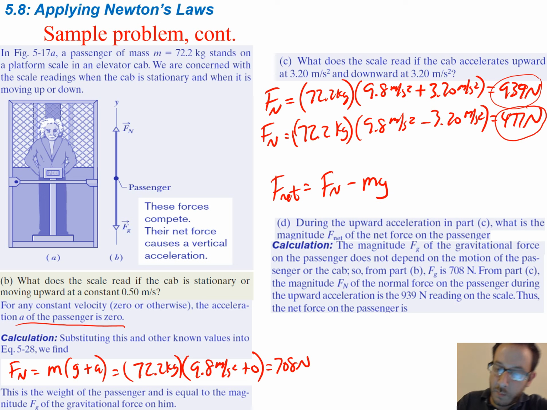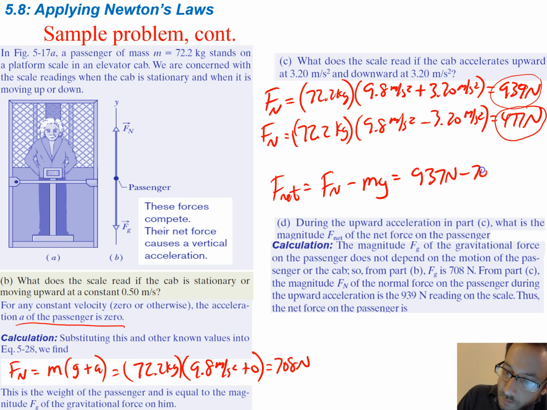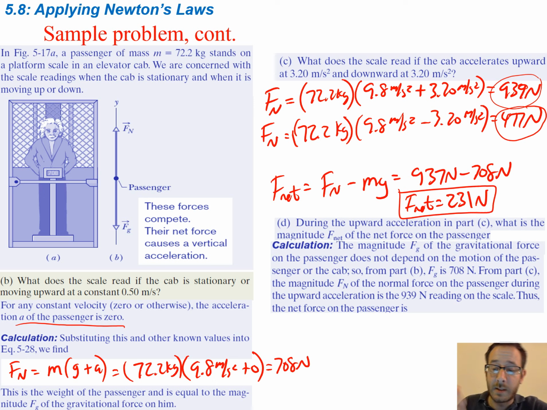So if he's accelerating upward, normal force is 939 newtons, and his weight is 708 newtons. So the net force on him is just going to be equal to 231 newtons. So since there's a net force on him, we know that he's going to be accelerating.